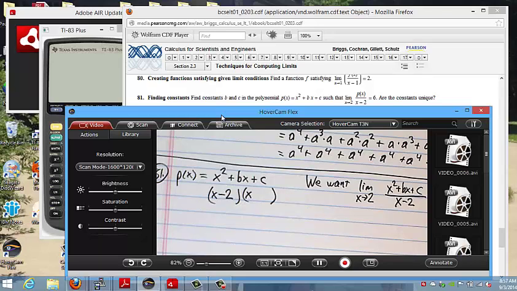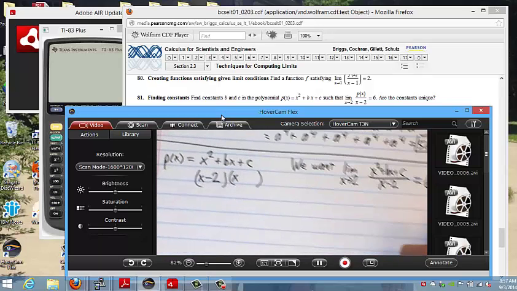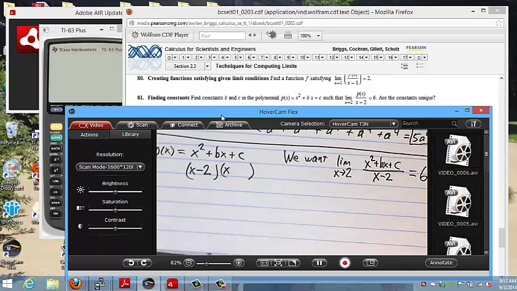Matter of fact, if you knew what you wanted the other factor to be, you'd have it. Right? Because then you could just multiply these together and see what b and c equal. So do we have any idea what the other factor should be? Well, think about how these problems work. You're going to try to get 6.